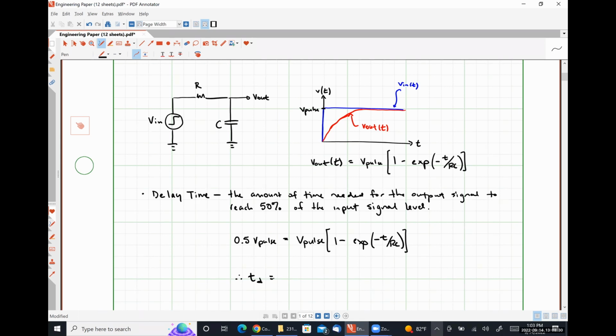And this comes out to negative RC times the natural log of 0.5, which is approximately 0.7 times RC. Okay. So I believe it's actually square root of 2 over 2 times the time constant is what our delay time is going to be.